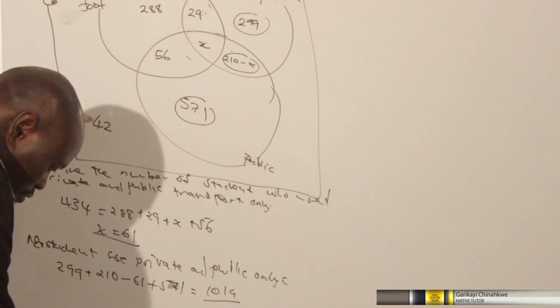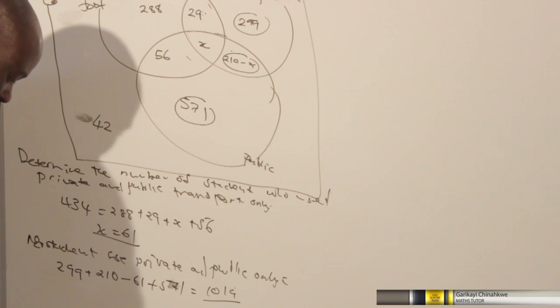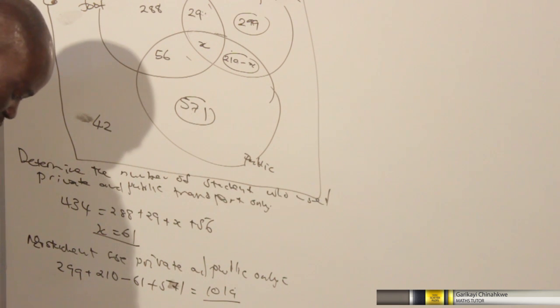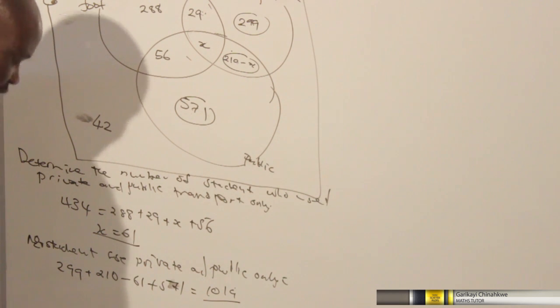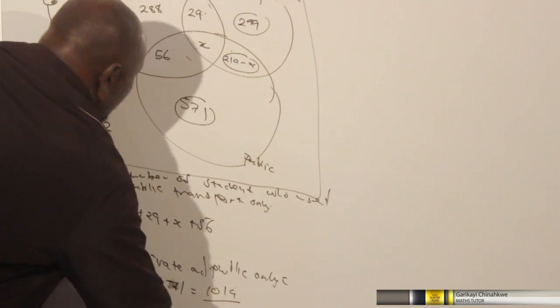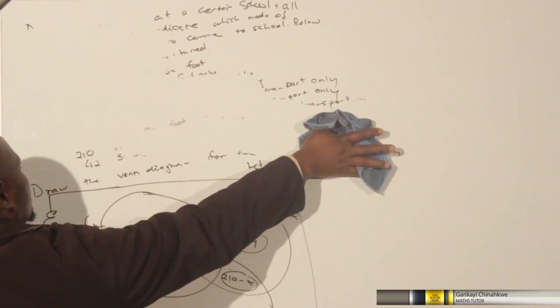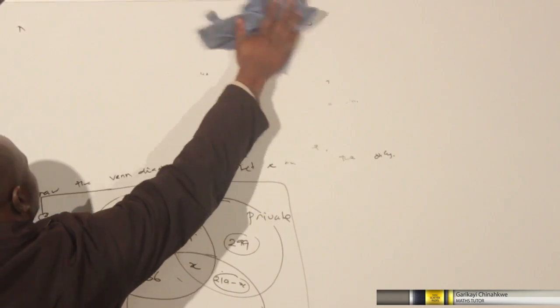All right, we'll move on to: what is the probability that a student chosen at random came to school by private transport only? Okay, let me just erase this information, because now we know that x is equal to 61.